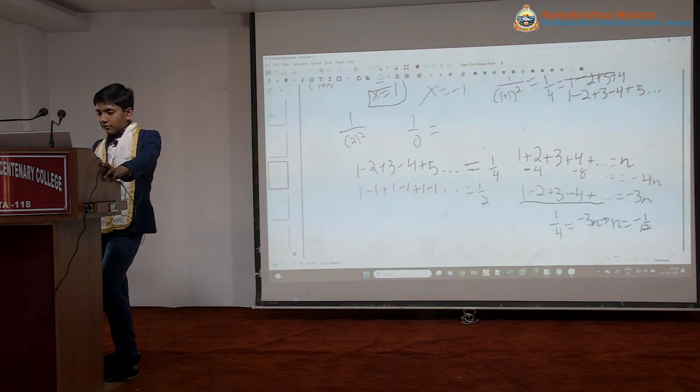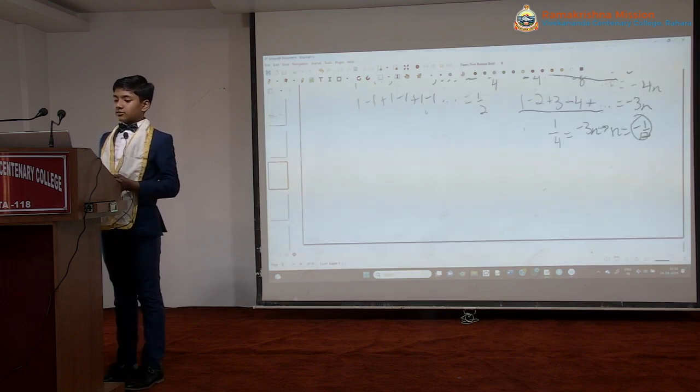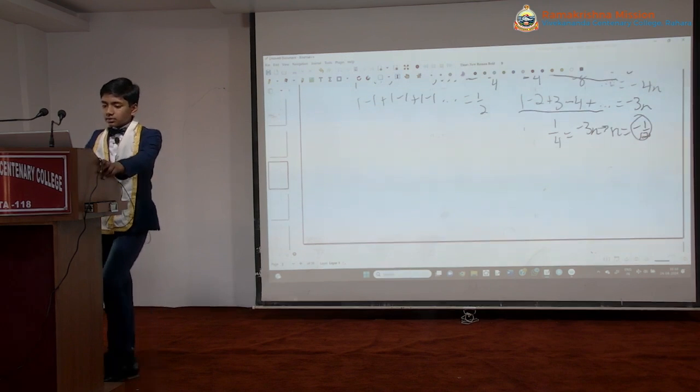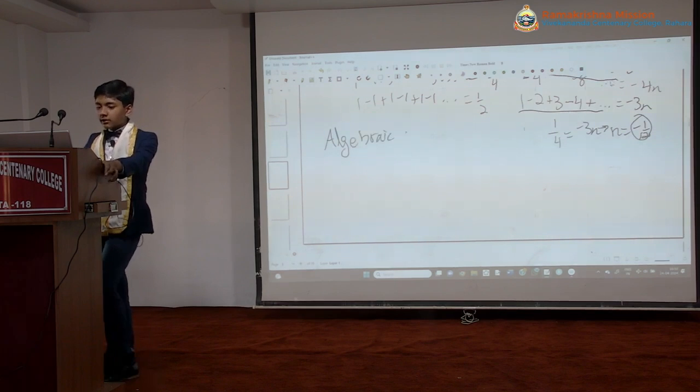But Saborno, how can a sum of positive integers be a negative number? Well, as Professor Chakraborty mentioned, it is extremely illegal to do these kind of algebraic manipulations on divergent sums, treating them as if they were real.